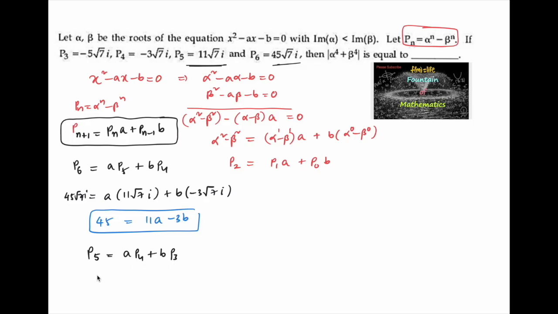So P5 is 11 root 7 i is equal to A times of P4 value is minus 3 root 7 i plus B times of P3 value is minus 5 root 7 i. So on simplifying, we can get 11 is equal to minus 3A minus 5B.